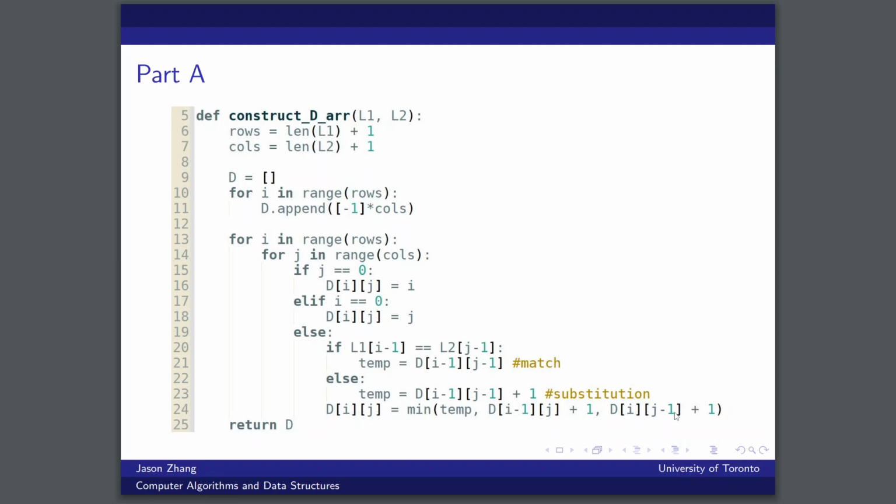So what we should notice is that when we construct our array, which is basically in this block here, d[i][j] is equal to the minimum, and in this minimum expression, we are only calling upon values of the array where the indices are lower. And because we have all of our values of the array for j equals 0 and i equals 0, this will construct the array basically from the bottom up.